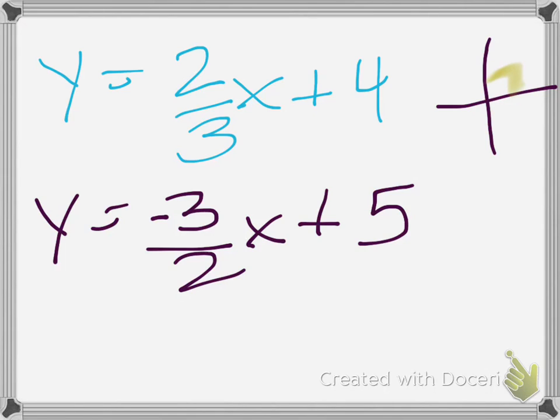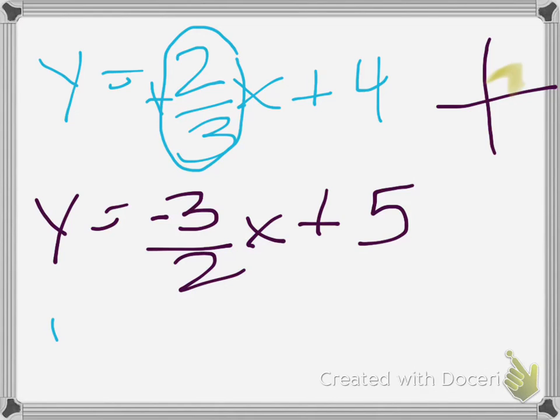The slope of the one in blue is 2 over 3. How do I know just by looking at this that these lines are perpendicular? The rules are that the slopes have opposite signs. This one is a plus and this one is a minus. And then you take the reciprocal, or you just flip the number. The reciprocal of 2 over 3 is 3 over 2.